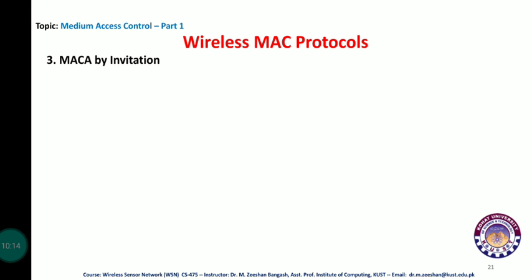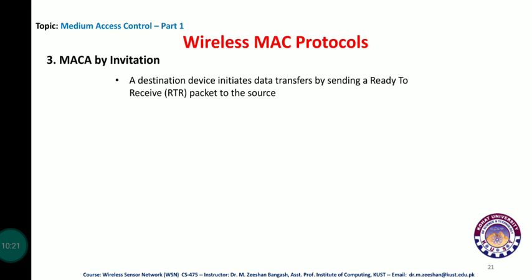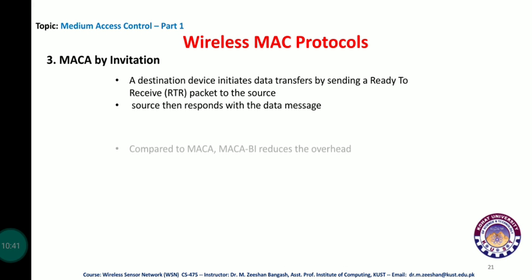Now there is another wireless MAC protocol, which is MACA by invitation. Here the destination device initiates the transfer by sending an RTR, which is a ready to receive packet, to the source. So the initiation takes place from the receiver, and then the source that wants to send data responds with a data message.